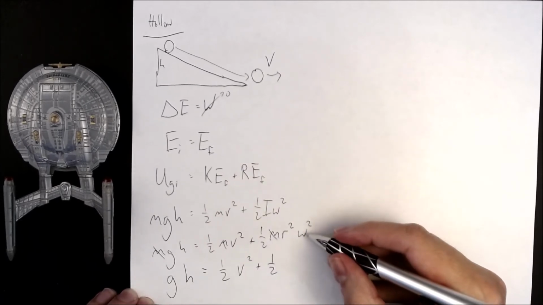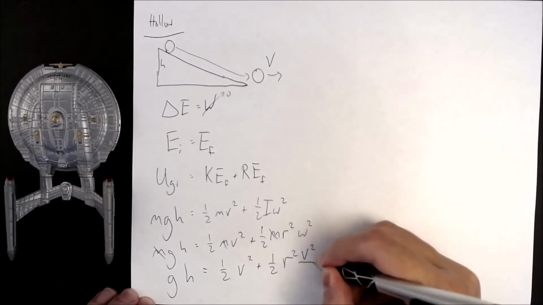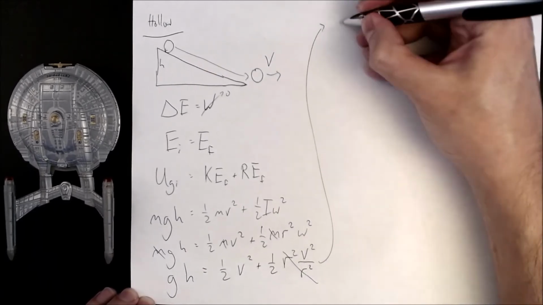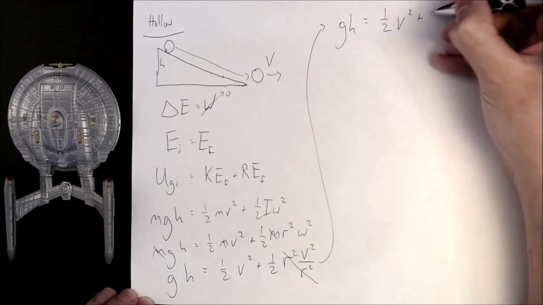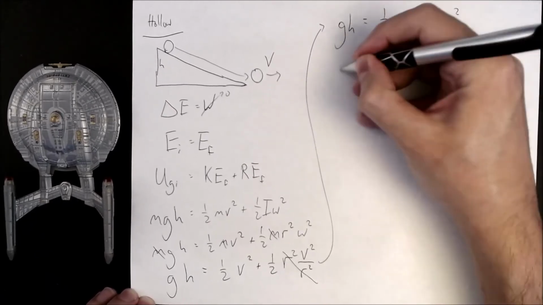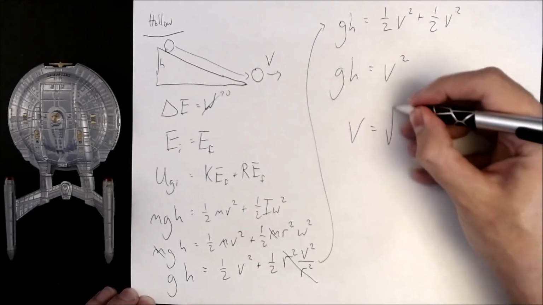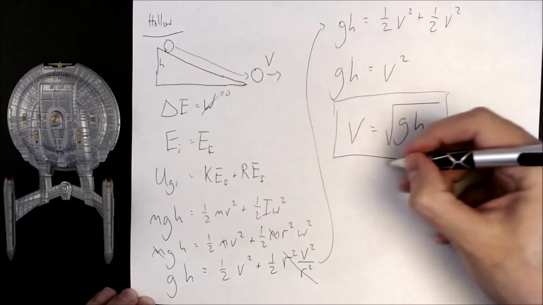Omega is v over r, so this is going to be r squared times v squared over r squared. Again, those cancel. We come up here. gh is equal to 1/2 v squared plus 1/2 v squared. Therefore, gh is equal to just v squared, and v is equal to the square root of gh for a hollow cylinder.